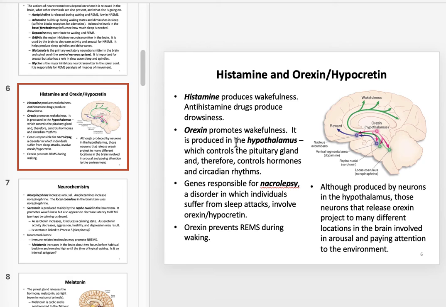So histamine produces wakefulness. Orexin produces wakefulness as well, and it's produced by a structure in the middle of the brain called the hypothalamus. The hypothalamus controls the pituitary gland, and the pituitary gland releases a lot of hormones. And so the hypothalamus controls hormones.